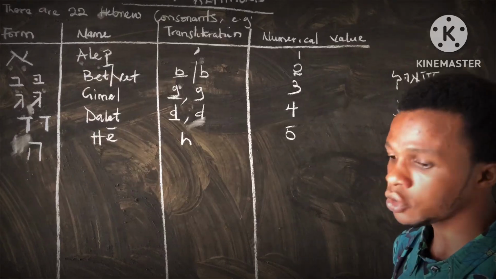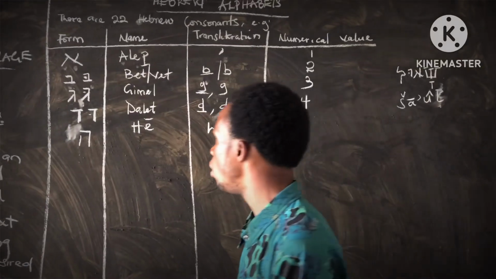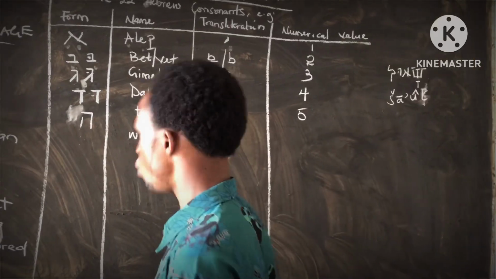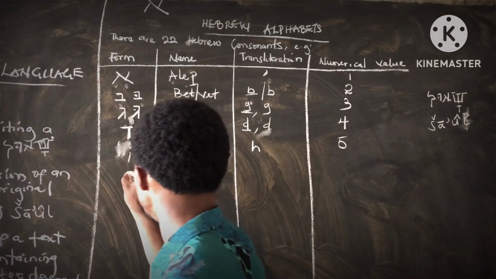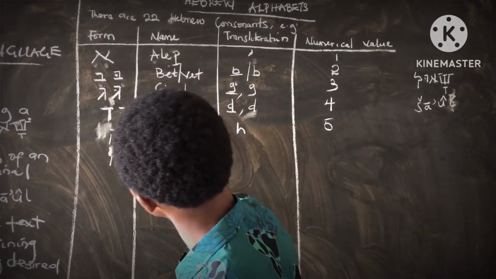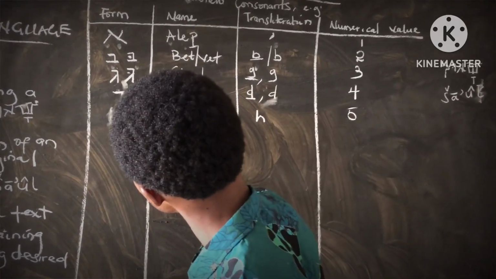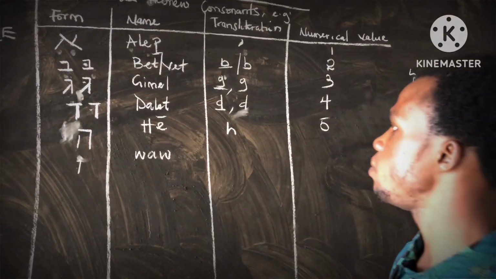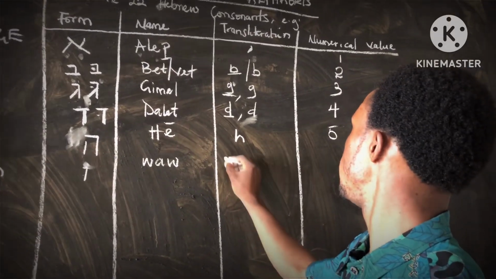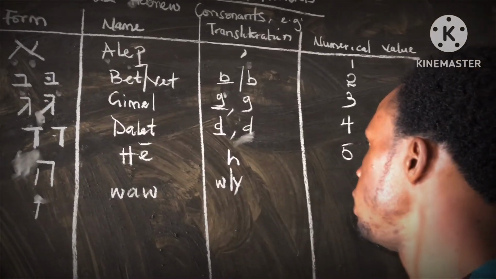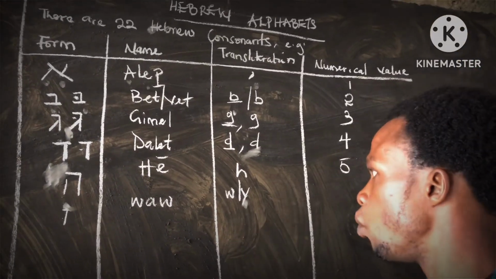So we are moving on to the next letter, called Vav. Vav is simply written like this. Vav simply represents either W or V, wow or vav.